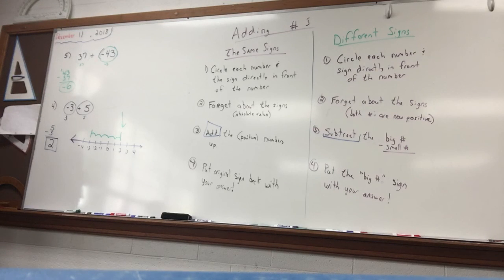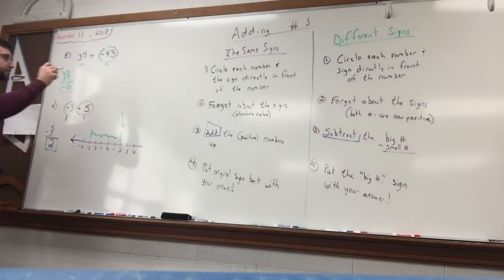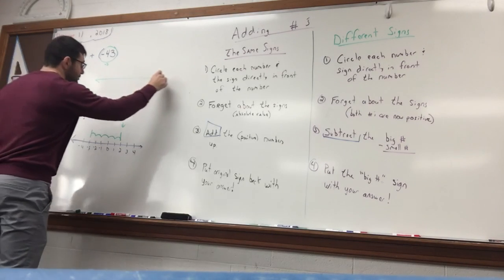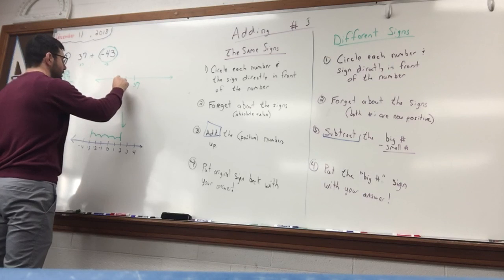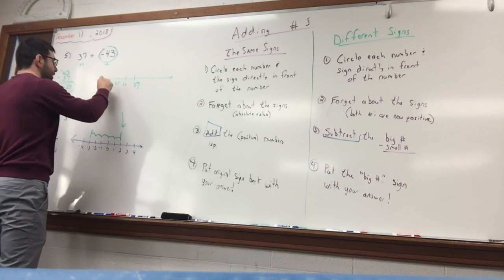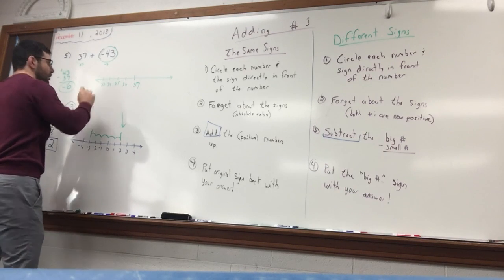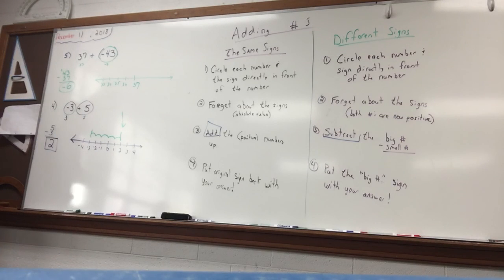Okay? Everybody with me? Now, let's do some common sense stuff. Here's 37 on a number line. 36, 35, 34, 33, and so on and so forth.